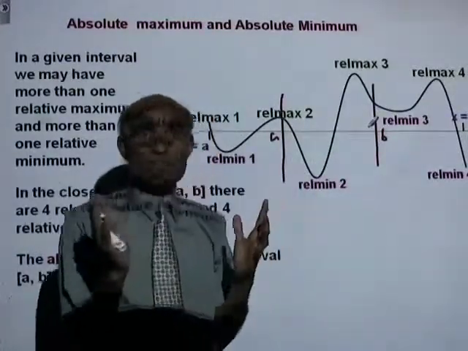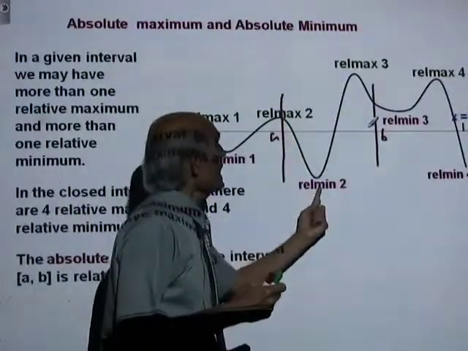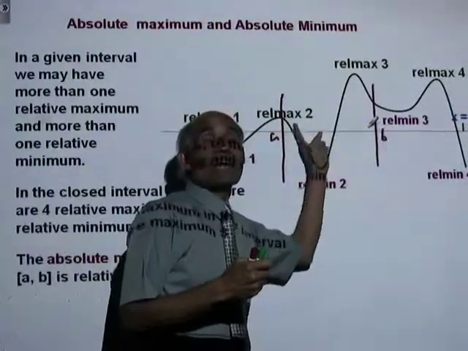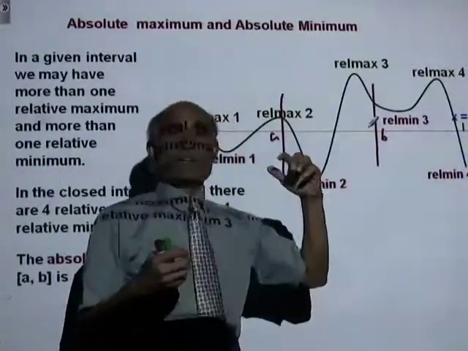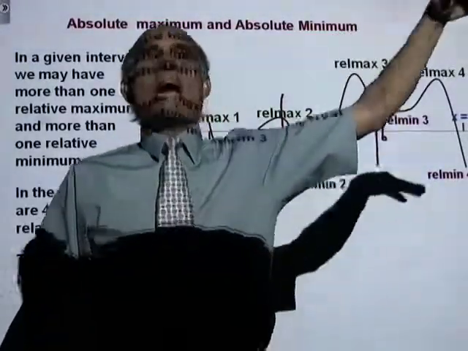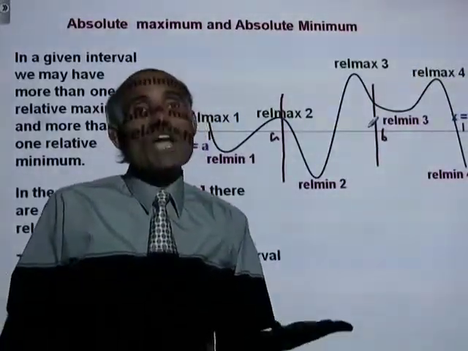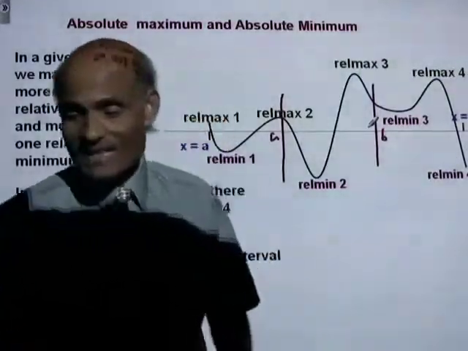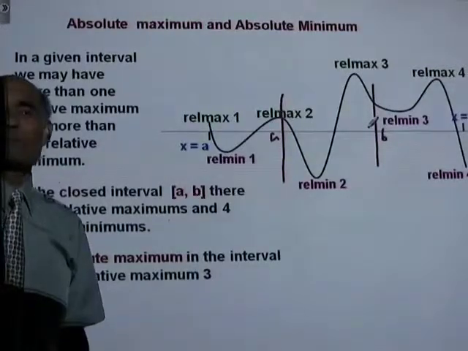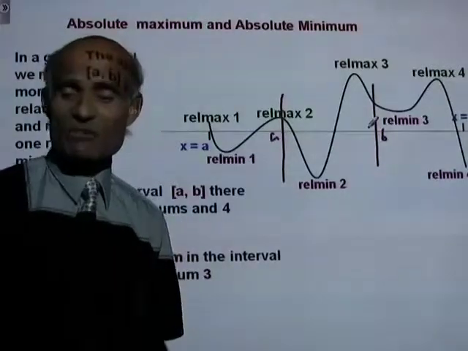Then, the highest of the maximums is the absolute maximum, and the lowest of the minimums will be the absolute minimum. Those are the steps that we will be using to find the absolute maximum and the absolute minimum of a function in a given interval.